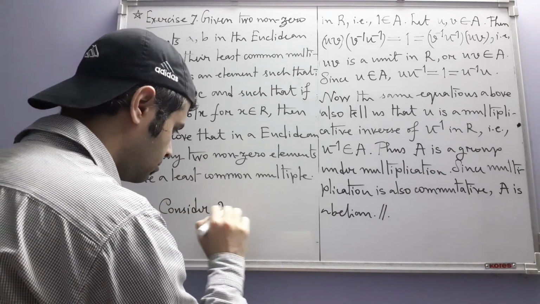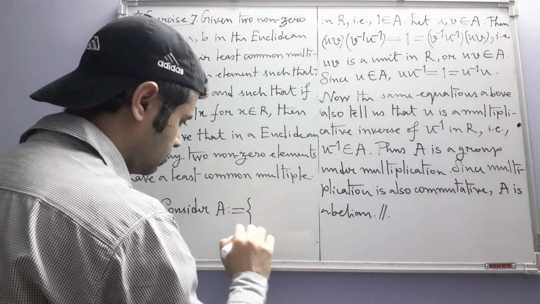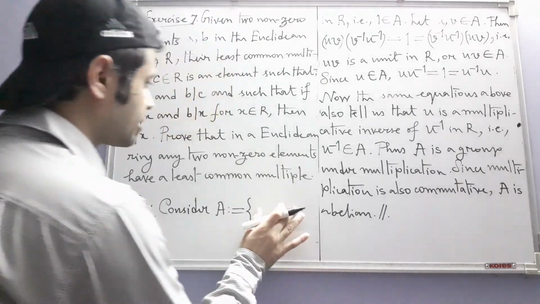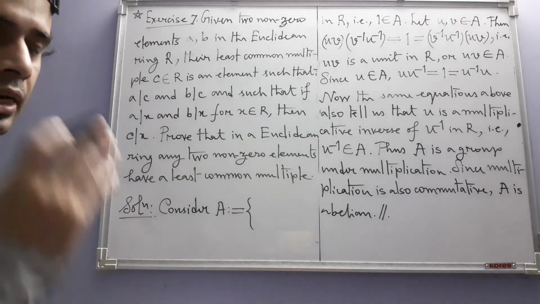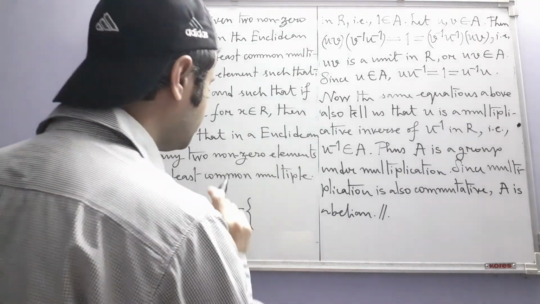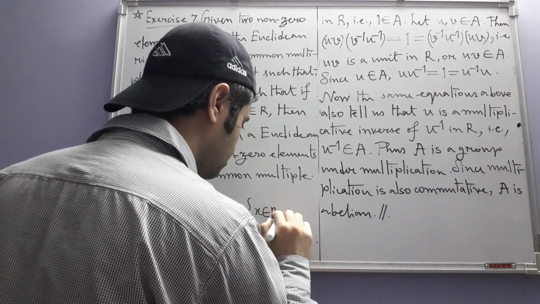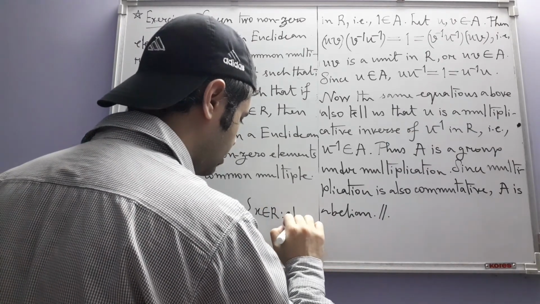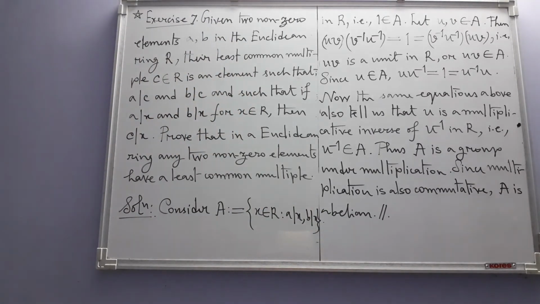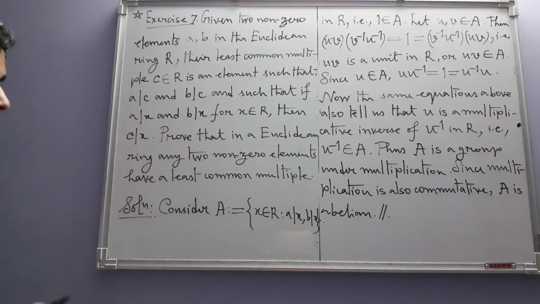Consider the set A which is equal to, oh no, sorry, it's not the set of linear combinations of A and B. I got confused with that GCD thing. It is the set of all common multiples of A and B. Sorry about that. So this is the set such that A divides X and B also divides X. Okay. So this is a set in our Euclidean ring R.